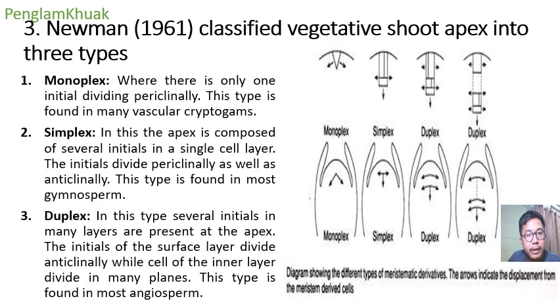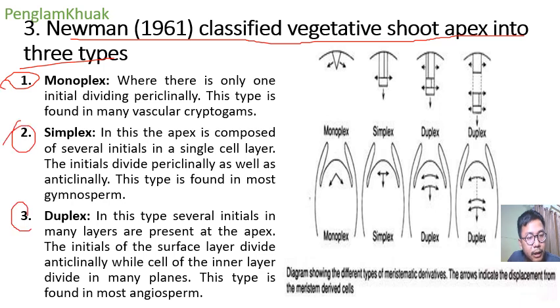Newman in the year 1961 classified vegetative shoot apex into three types. Number 1, monoplex. Number 2, simplex. Number 3, duplex. This picture represents monoplex, this is simplex, and these two represent duplex. In the case of monoplex, there is only one initial dividing periclinally.